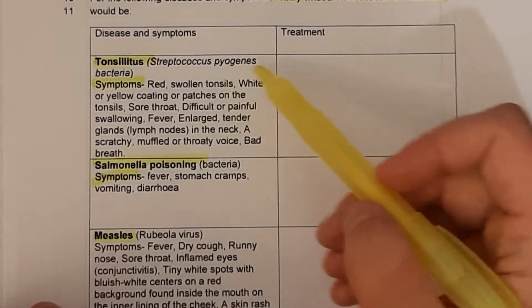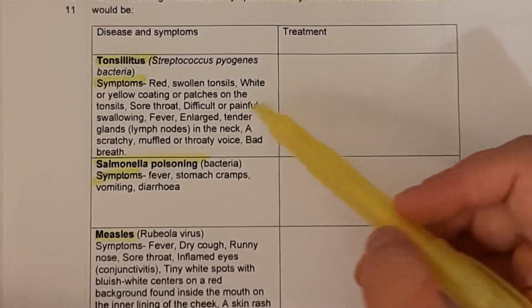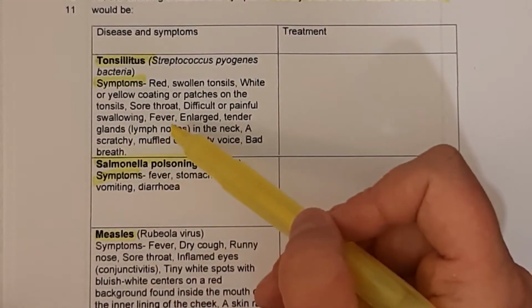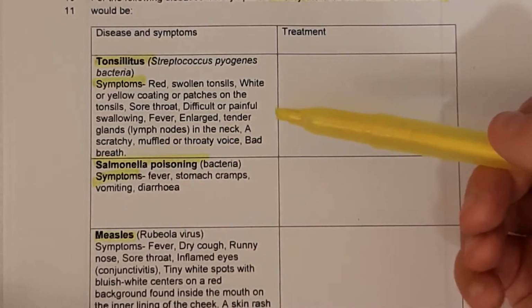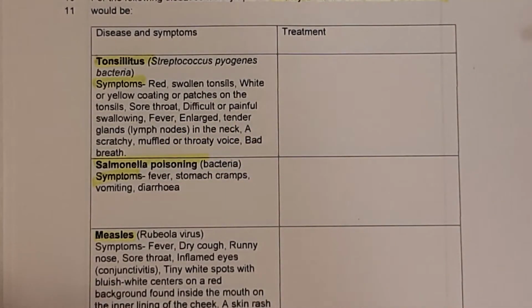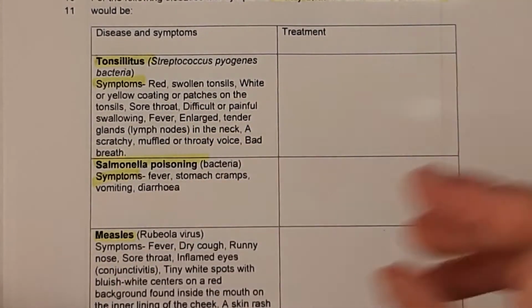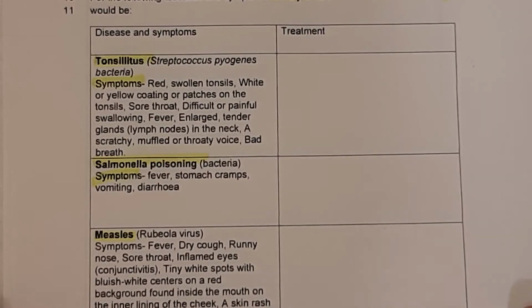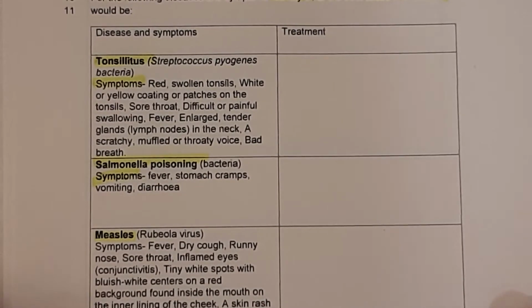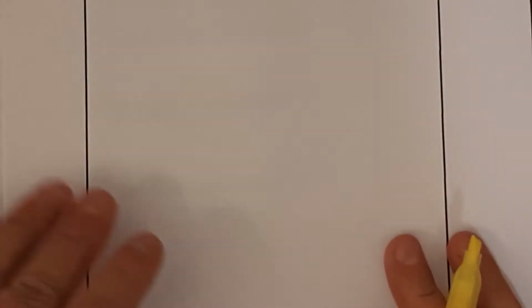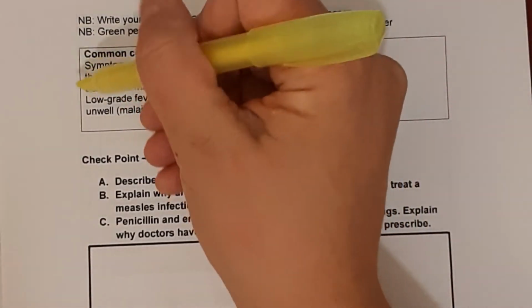If you're struggling to find a treatment option for them, you could look up the symptom, say treatment for swollen tonsils, treatment for fever, treatment for bad breath. Pick that symptom and Google treatment for. Again, making sure you use reputable websites. This goes on again onto the next page. So we have the common cold.